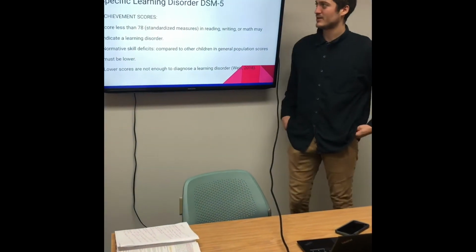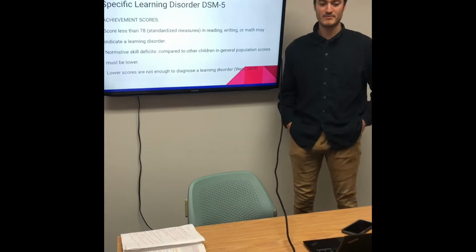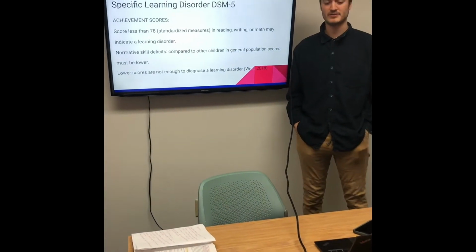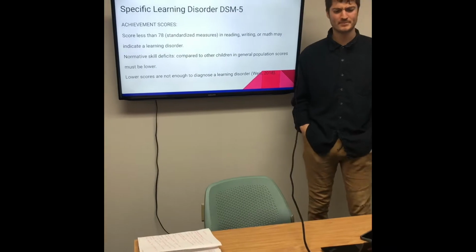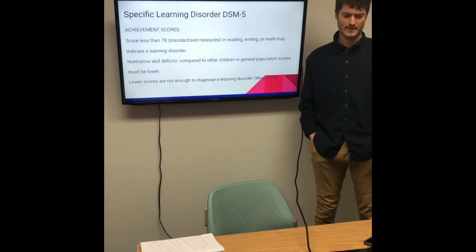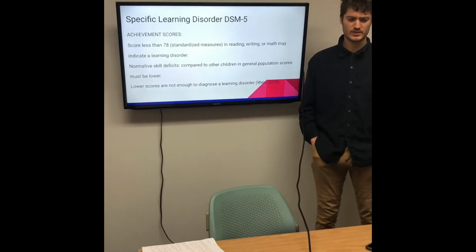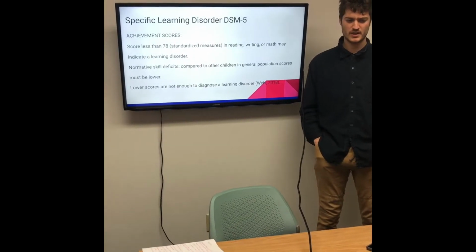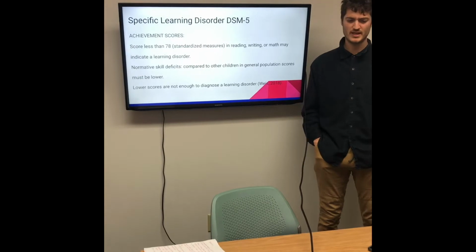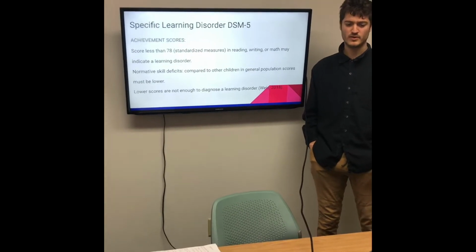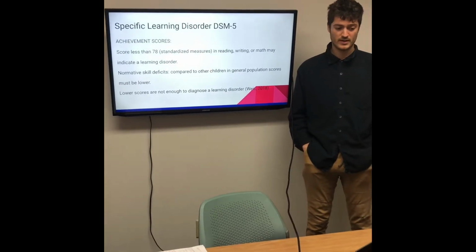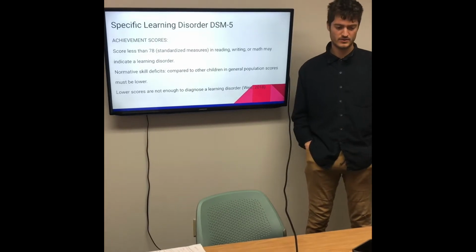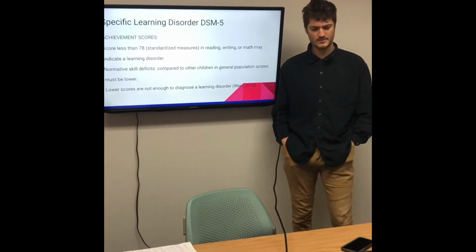So first we're going to start with some DSM-5 specific characteristics of the learning disorders. First is on achievement scores using standardized measures. We typically see a score less than 78 on reading, writing, or math, and this can indicate that there's a learning disorder present.